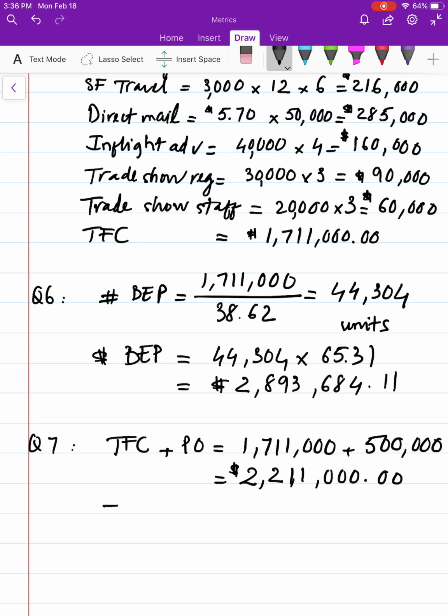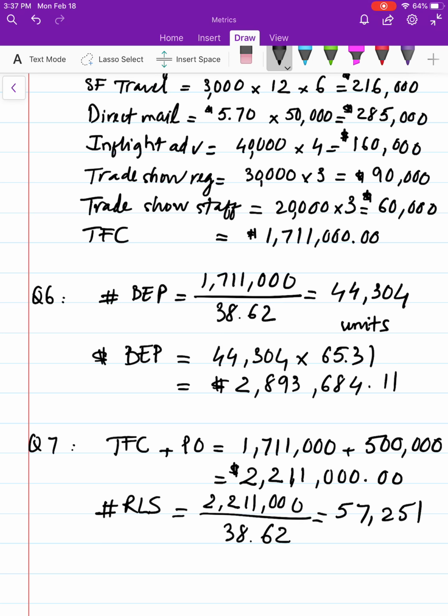Okay, therefore the revised level of sale in units would equal the total fixed cost and profit objective divided by the dollar contribution, and that equals a round up number of 57,251 units.